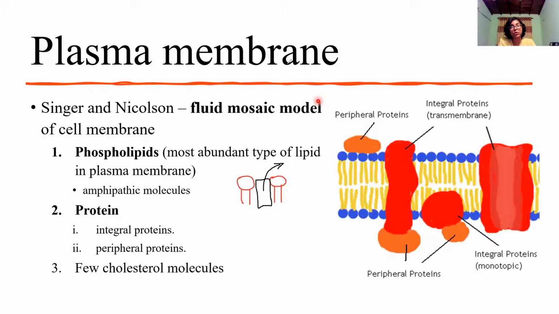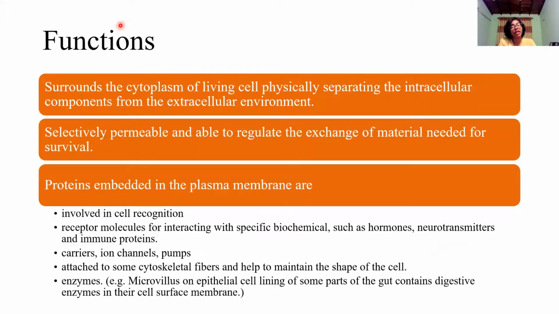So now let's move on to the next slide. Functions. What are the functions of this plasma membrane? It surrounds the cytoplasm of the living cell, and forms a barrier between the intracellular and extracellular environment.